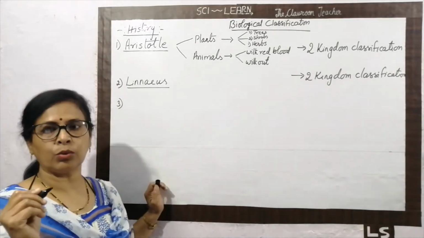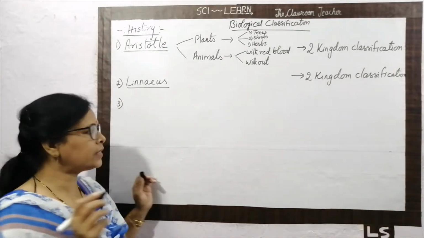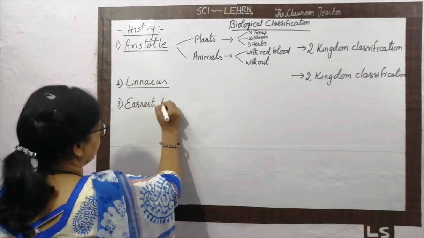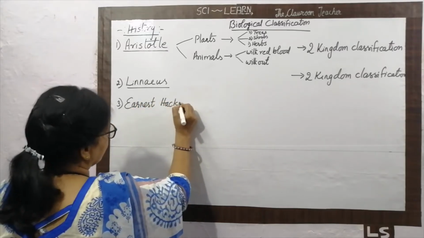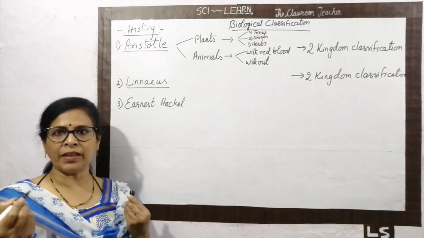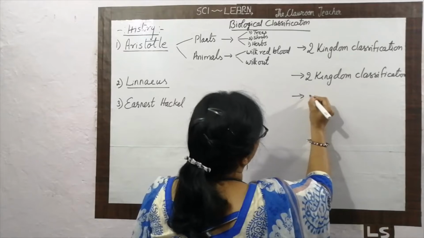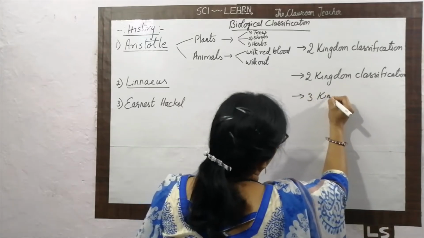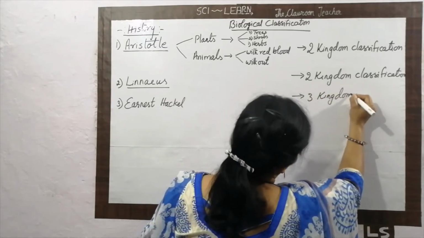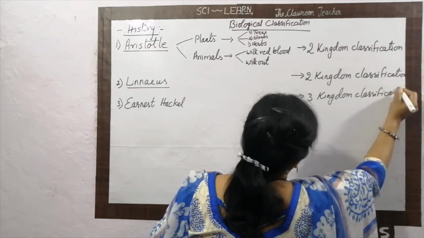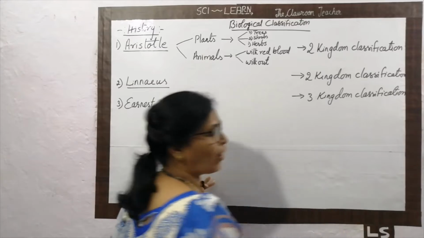Afterwards, the third person who came was Ernest Haeckel. He proposed something new. What is the something new? He proposed the three kingdom classification. Is anything new in his classification? Yes. He included some more new facts.